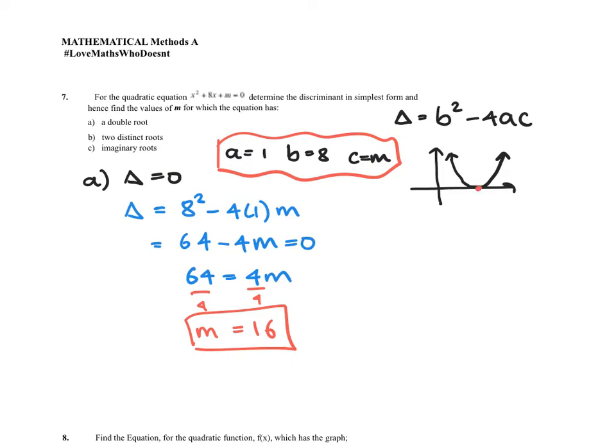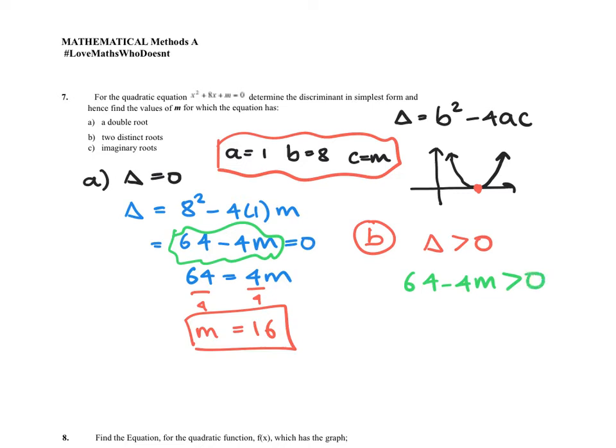So the graph is going to look like this one here. The next one, part B, is 2 distinct roots. So the discriminant is going to be bigger than 0. Again, we already have that bit here that can be used. So 64 take away 4m needs to be bigger than 0.